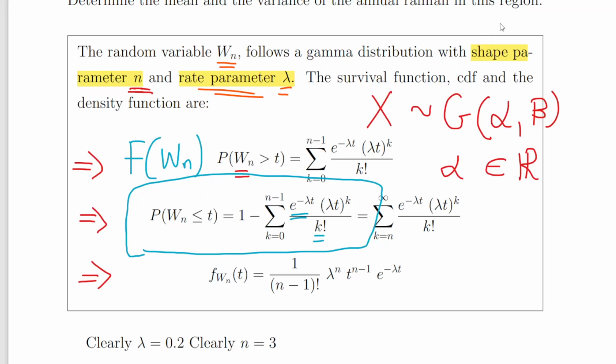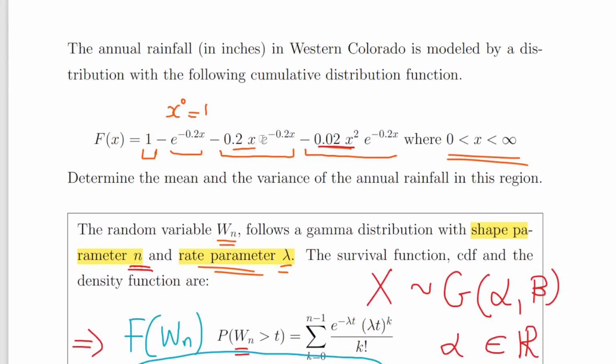It's useful to note this e to the minus lambda t, because we have an expression that corresponds to an exponential term, e to the minus 0.2x, and you notice it's consistent throughout. The cumulative distribution is expressed in terms of x, so essentially lambda must equal 0.2.